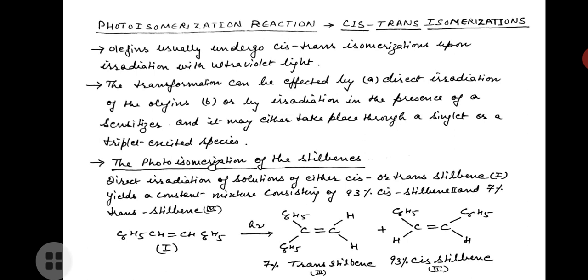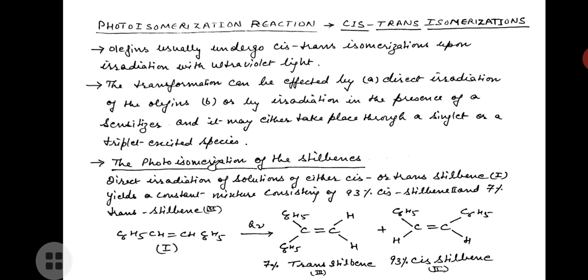photoisomerization will attain an equilibrium and will eventually attain a photostationary state. Photostationary state is when the two systems like cis and trans are in equilibrium with the continuous photolysis, a certain constant proportion of the cis and trans isomer is obtained.